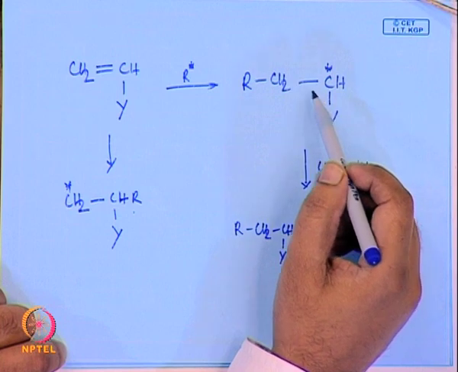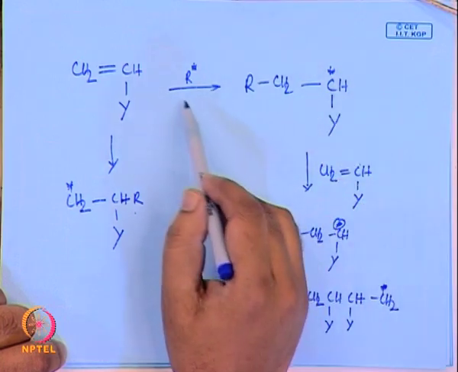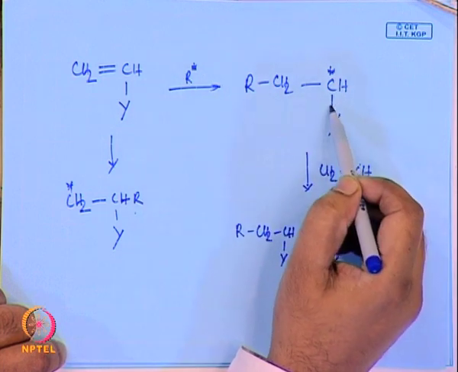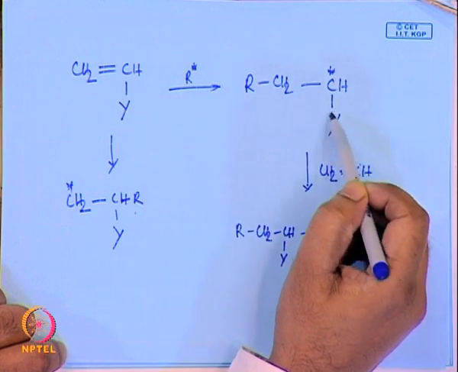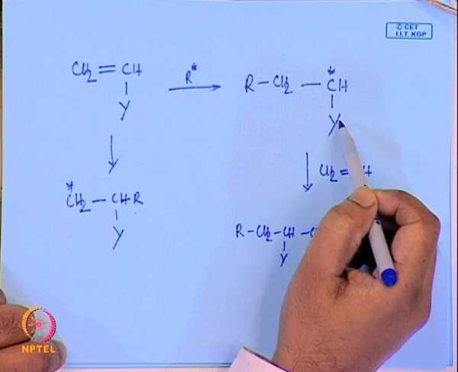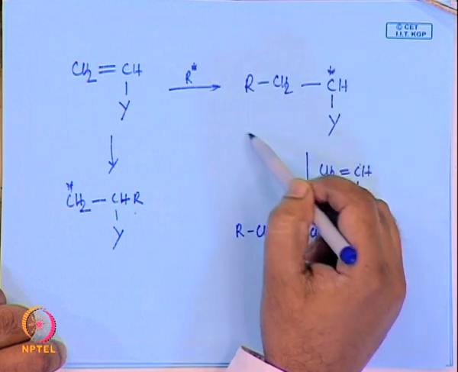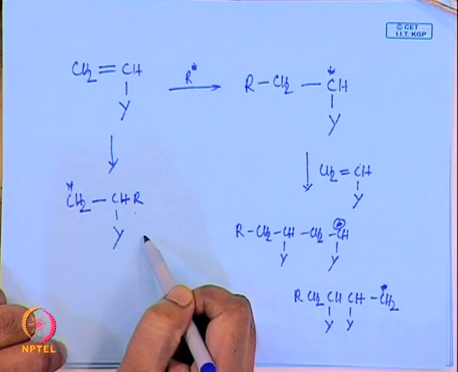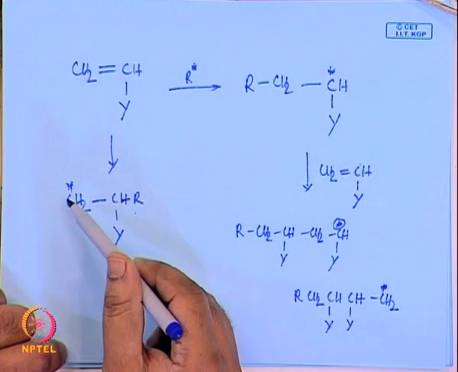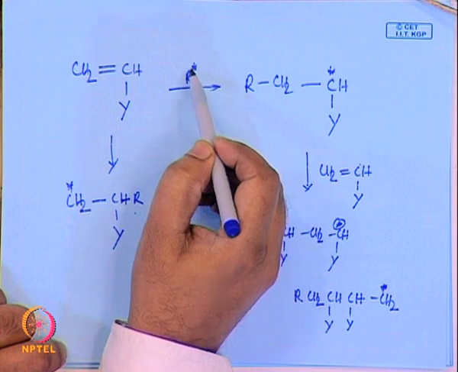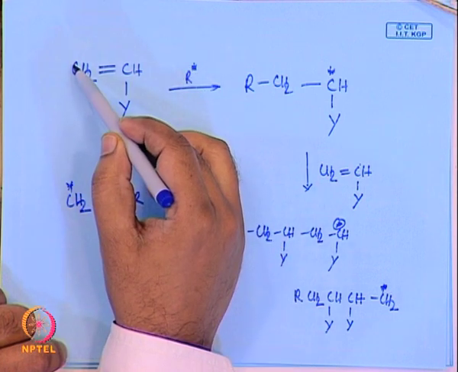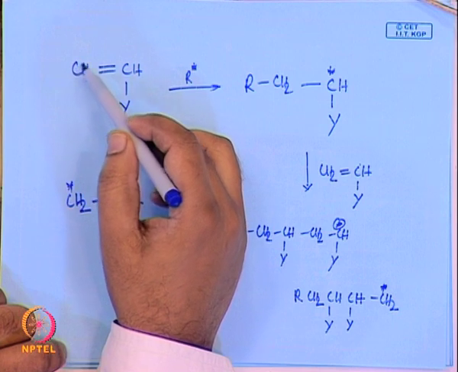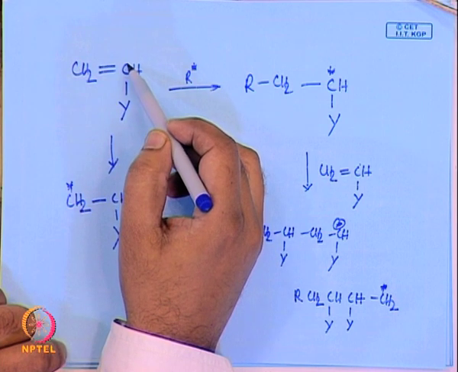So, given this choice, because of the presence of this stabilizing group Y as a substituent, this side is always preferred. So, approach of R to this carbon is always preferred over this carbon.